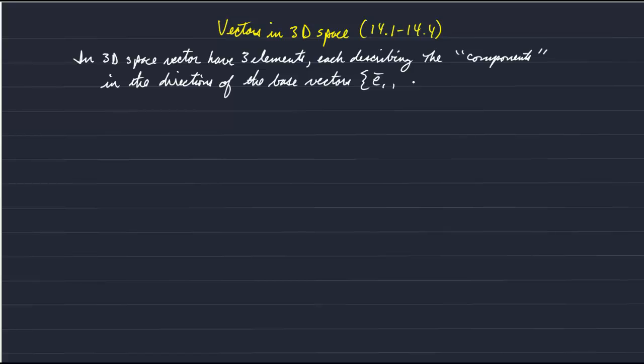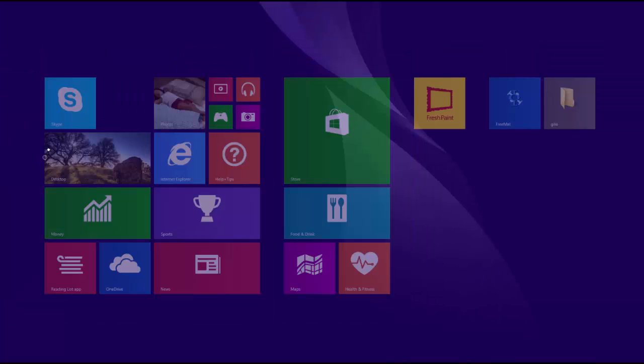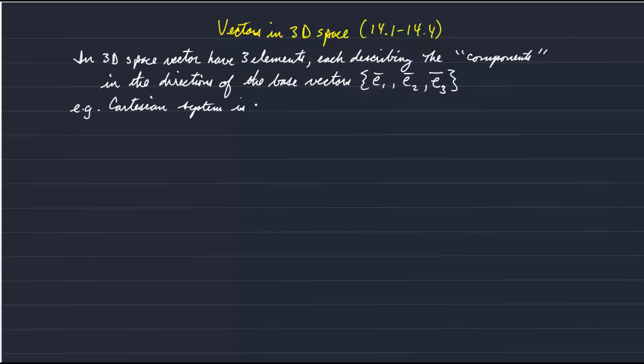We've talked about base vectors or vector bases. So in 3D space, we need 3D base vectors with which to describe our vectors. For example, the Cartesian coordinate system again is an orthonormal basis.